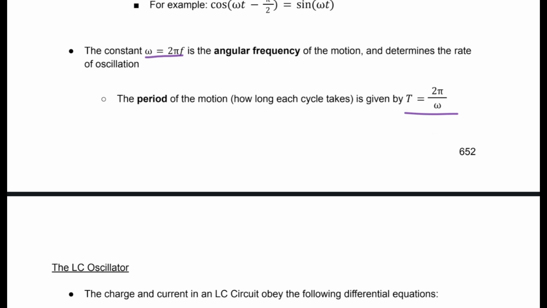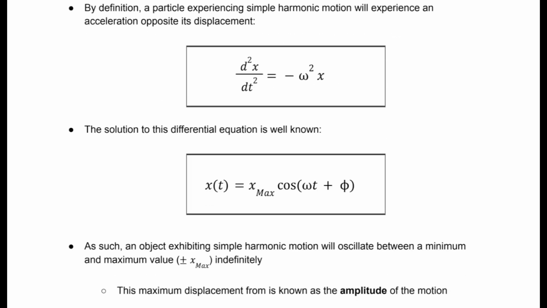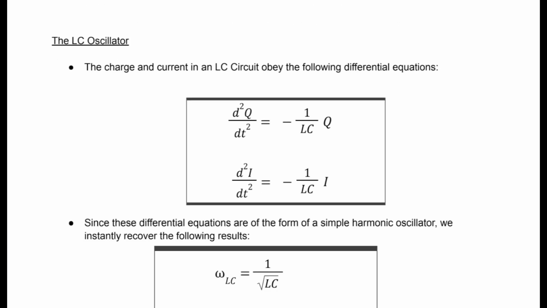And if we're getting sine and cosine as answers, that must mean that this differential equation must apply. And it does. It turns out that the differential equation looks the same for both charge and current.